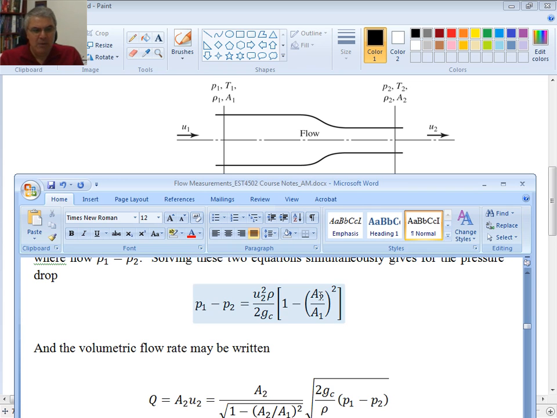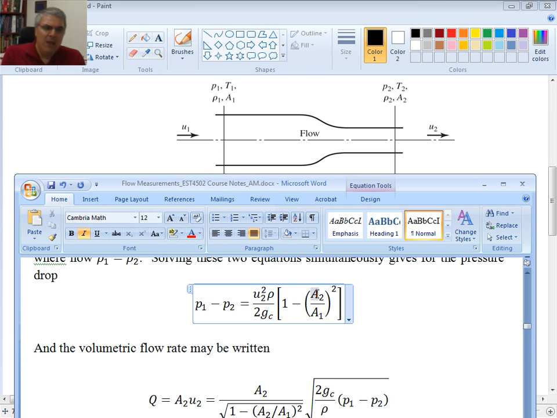To recap: the first situation is A2 and A1 being the same. The second is A2 greater than A1, which makes the ratio greater than 1, and we subtract a number greater than 1, giving a negative number. Remember that we're only squaring the parentheses, not the bracket itself.